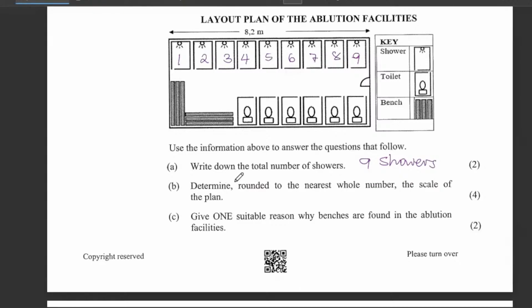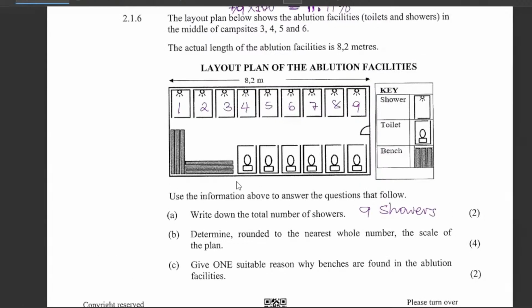Determine, round it to the nearest whole number, the scale of the plan. Now, here you had to use your ruler. Why do we need the ruler? Because the scale is supposed to be left to right, which is on paper versus actual measurement.